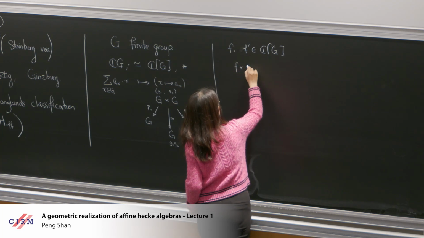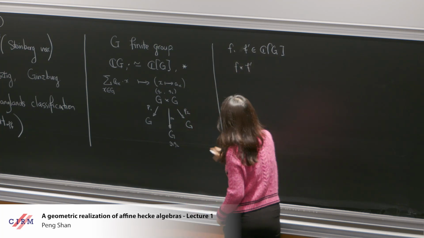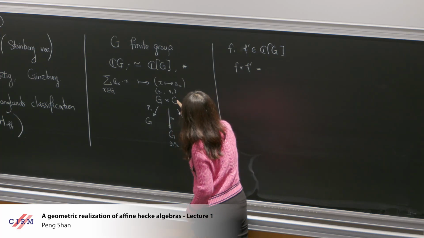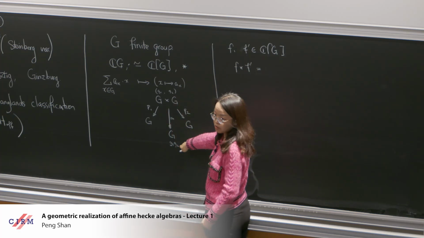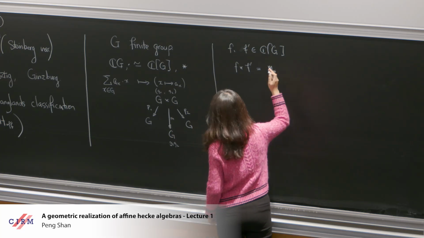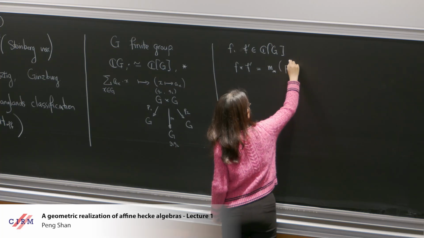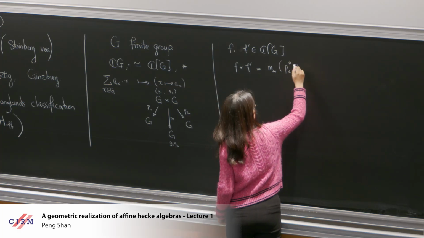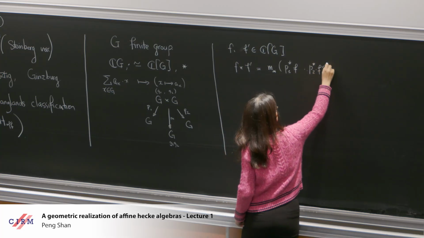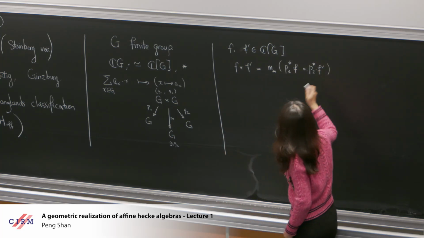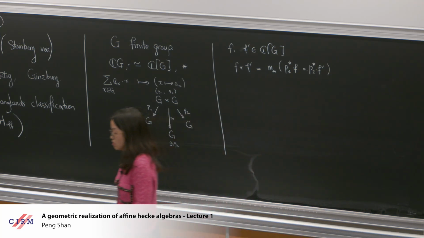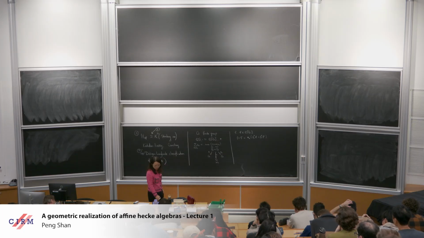Then f times f prime is nothing but you pull back f via p1 and f prime via p2, and then you integrate along the fiber of M. So this is M push forward of p1 pullback of f times p2 pullback of f prime. And this product here is like the pointwise multiplication of functions.